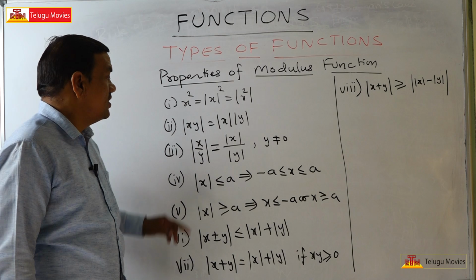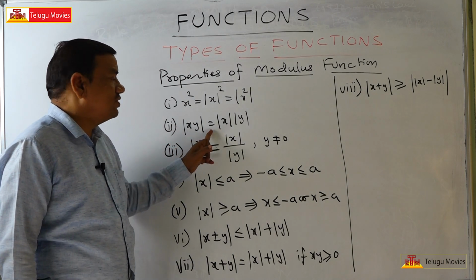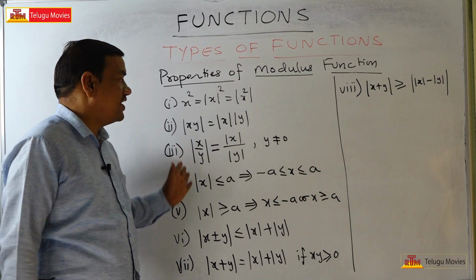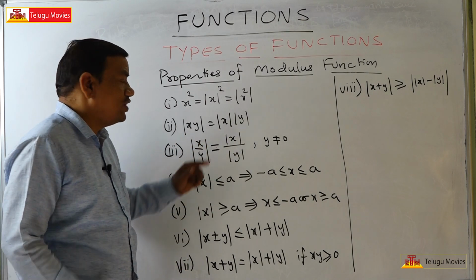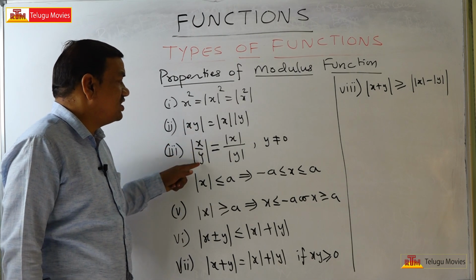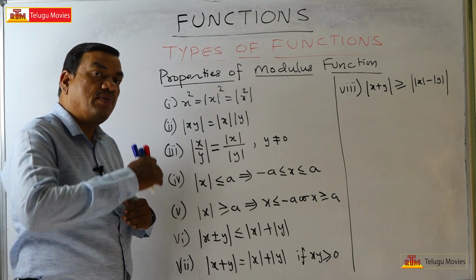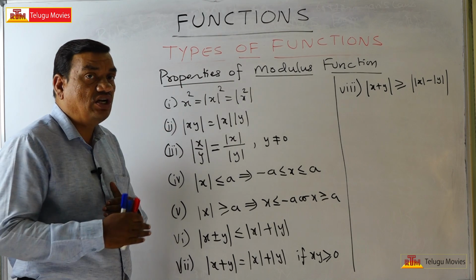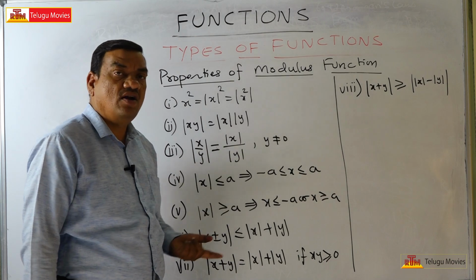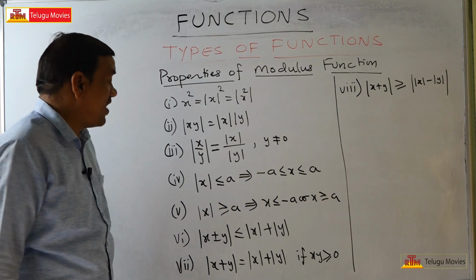Second one, modulus of x into y is equal to mod x into mod y. That means you can separate the modulus for both. For multiplication and division also it is the same thing. You can separate the modulus for numerator and denominator separately. Obviously, since y is in the denominator, y cannot be equal to 0. That is a well-known fact.